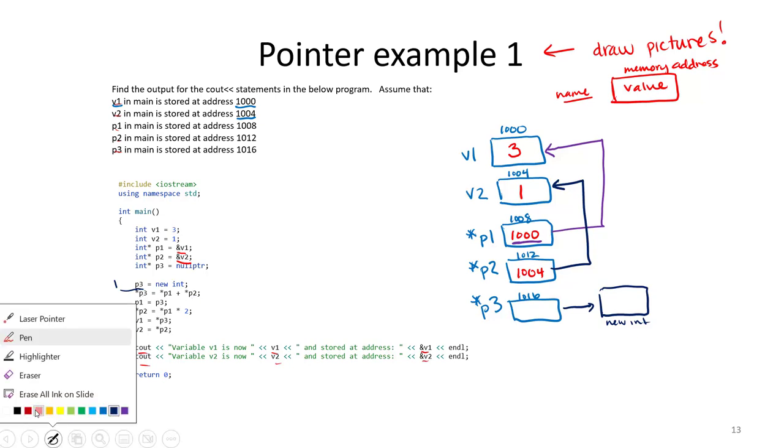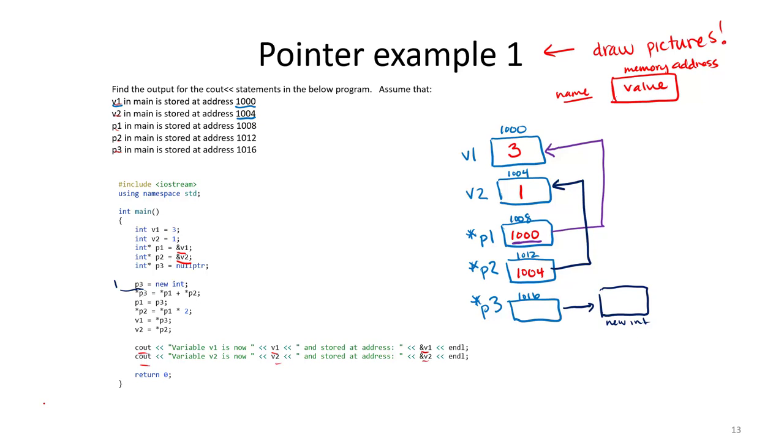Remember, if we use asterisk, that means that we are accessing the data that that pointer is pointing at. So asterisk p1 is going to return the value p1 points at. p1 is currently pointing at number 3, so asterisk p1 is 3. Asterisk p2 is 1 because p2 is currently pointing at 1.